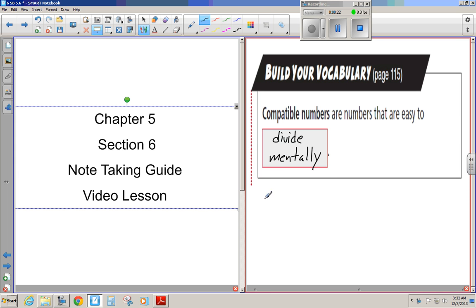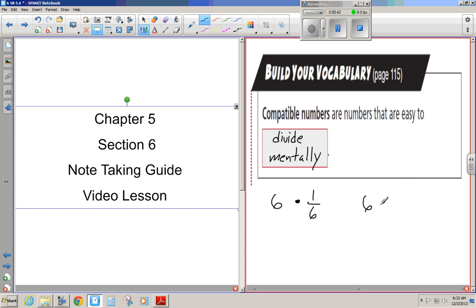Basically, what this means is that if you have a whole number like a 6, and you're going to multiply by a fraction like 1/6, notice that the numerator and denominators are multiples and or factors of each other.